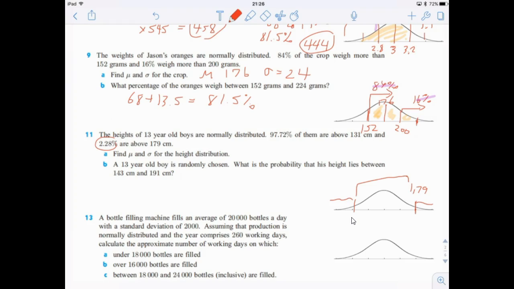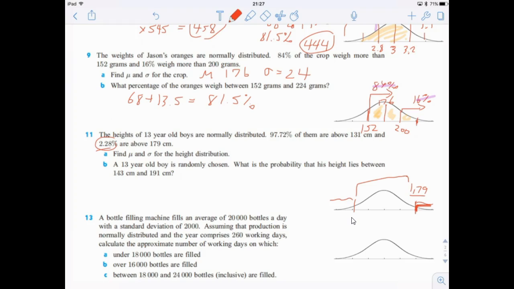So the outer sections are going to be about 2.5% each. It actually happens to be 2.28%. 68, 95, 99 sounds very catchy, but it's an approximation. Okay, so 2.28% are above 179. So that means this last standard deviation value is going to be the 2.28%.